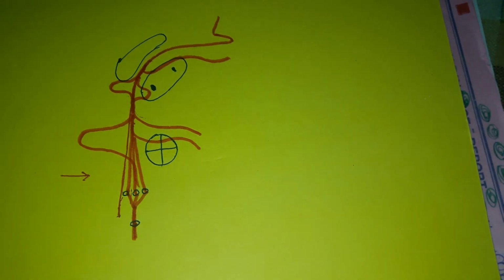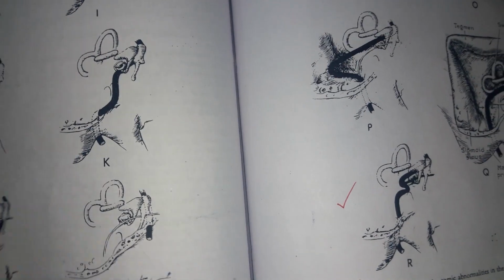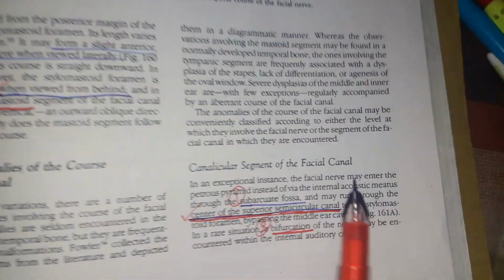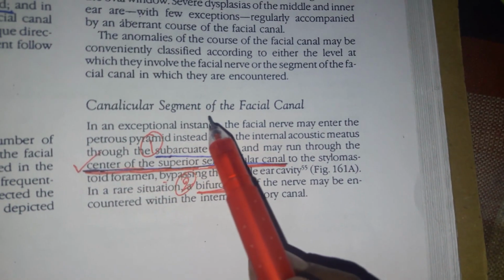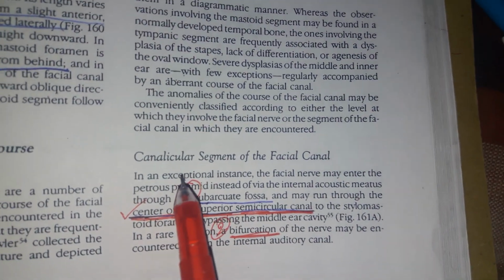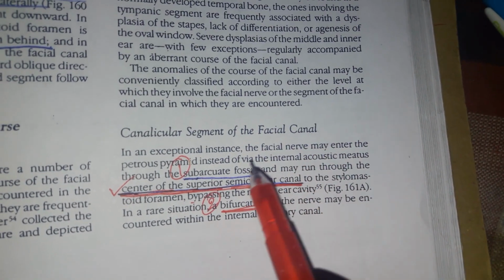And at last, there are variations of the canalicular segment, that is the internal auditory canal. Canalicular segment of the facial nerve, variation of the canalicular.